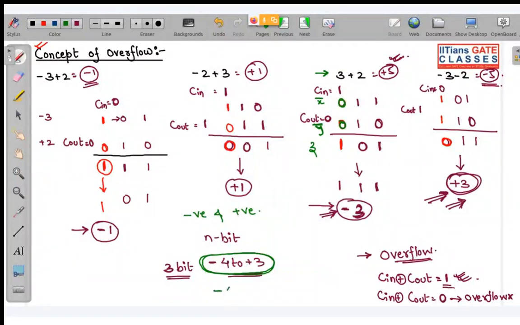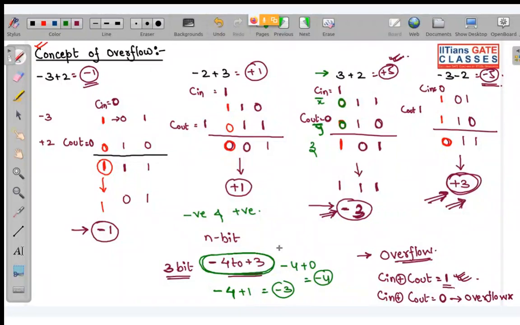You might think, let us take -4 and +1. So this is -3, which is in the range. If you take -4 + 0, this is -4, in the range once again. So you will never have an overflow condition when you add one negative and one positive, or one positive and one negative.